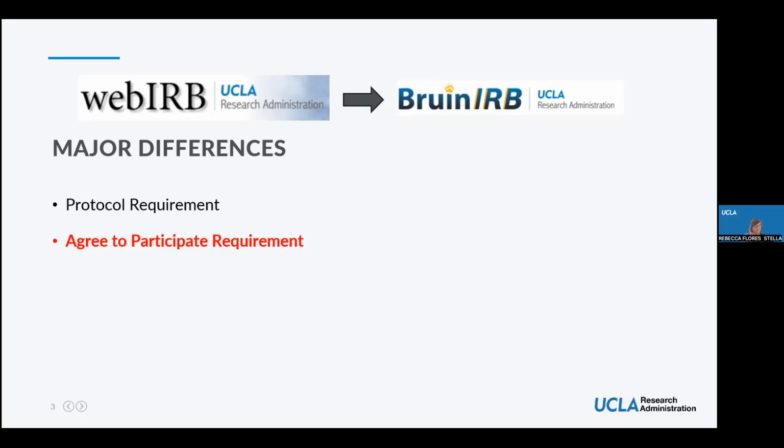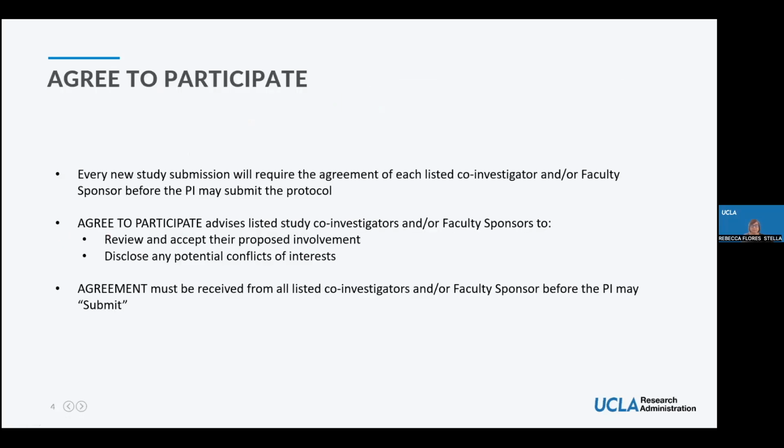The second big change in BruinIRB is a new requirement called the Agreement to Participate requirement. This requirement requires that all listed study team members document their agreement to participate in a study reviewed and approved by UCLA IRB.